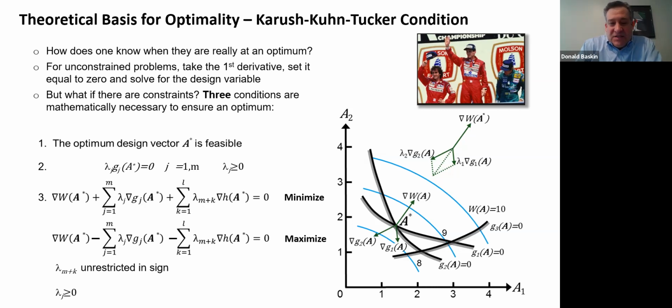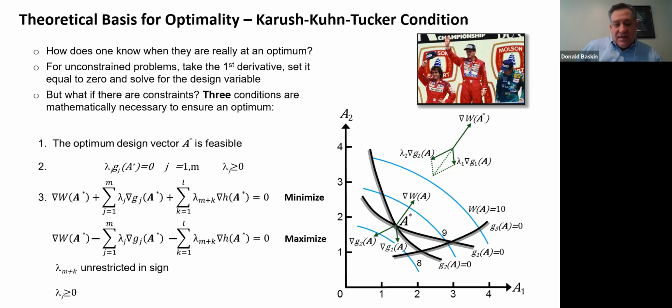But basically, it's just a scalar that you multiply times a gradient. So the condition for finding a minimum is that the gradient of the objective function at your design vector A, plus the sum of the constraints, all those things together equals zero. That's when you know you've hit a minimum. For a maximum, it changes subtly.